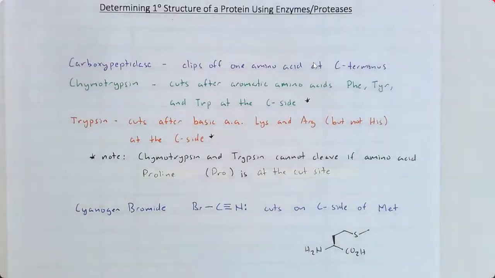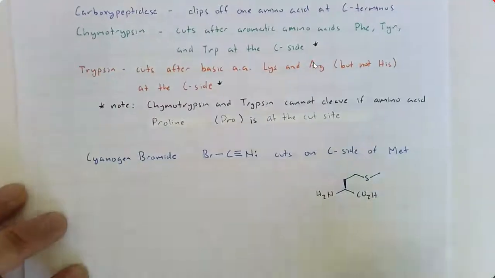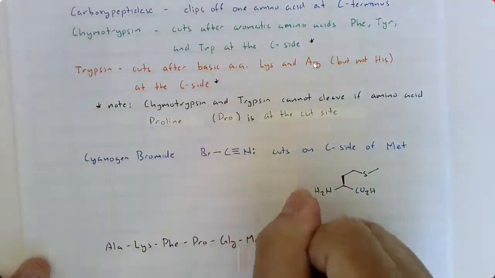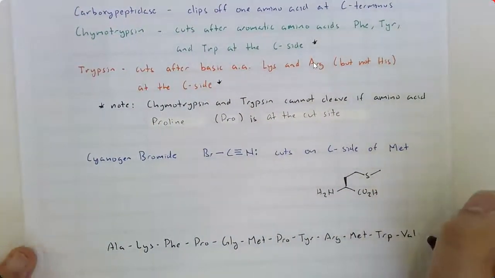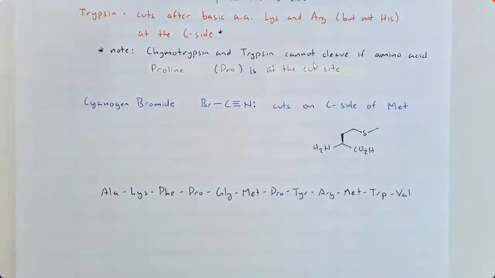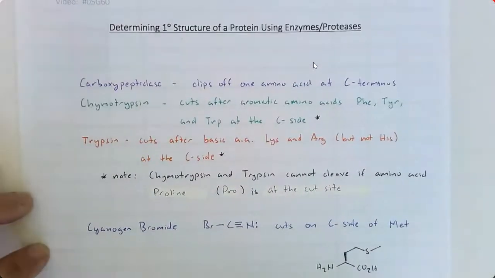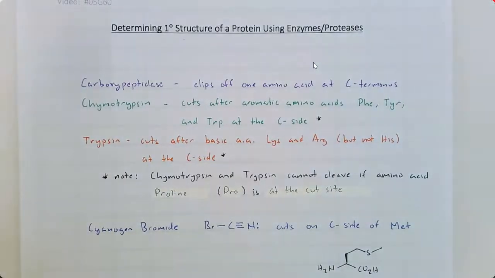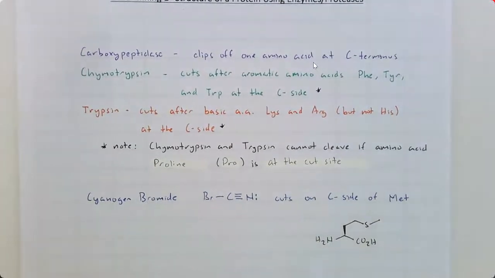Okay, let me draw out a peptide sequence, and we'll identify places where each of these enzymes or a small molecule can cut. Based on these rules, let's see where we could possibly cut this peptide. Carboxypeptidase cleaves off the last amino acid at the C terminus.